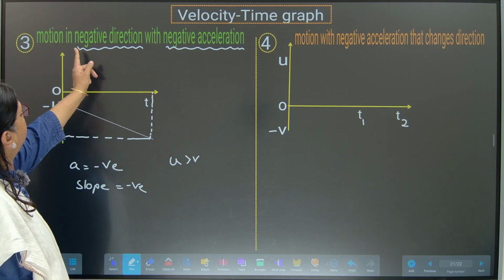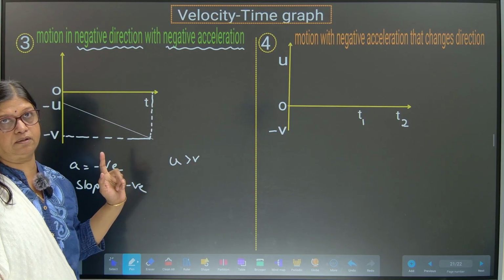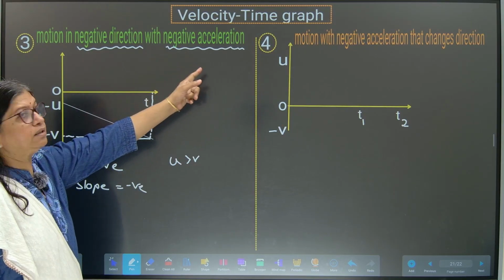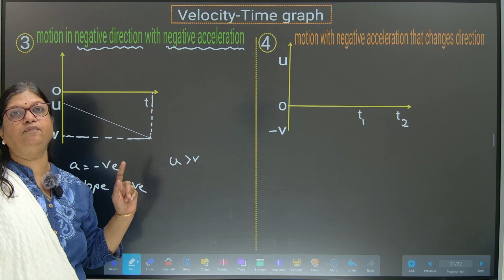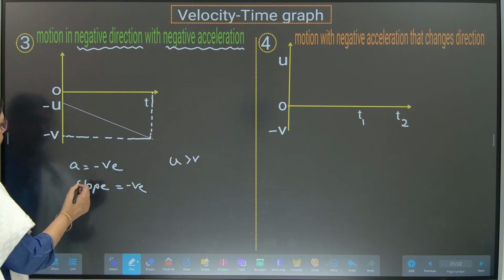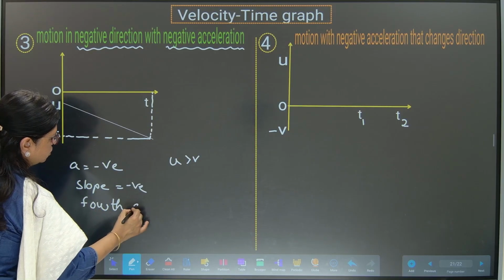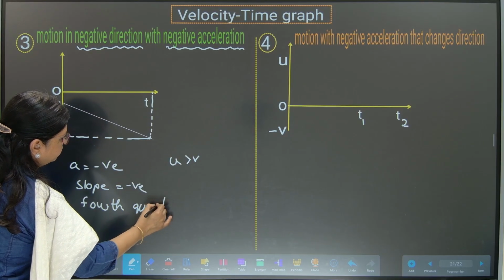Fine. So remember, negative direction you have to draw in the fourth quadrant. Negative acceleration, u should be greater than v. Break the condition into two parts. Okay. So where have you drawn it? In the fourth quadrant of a graph paper.